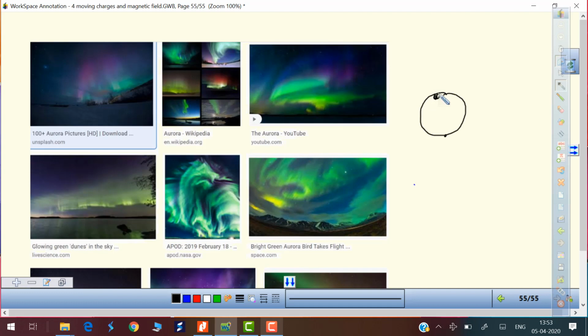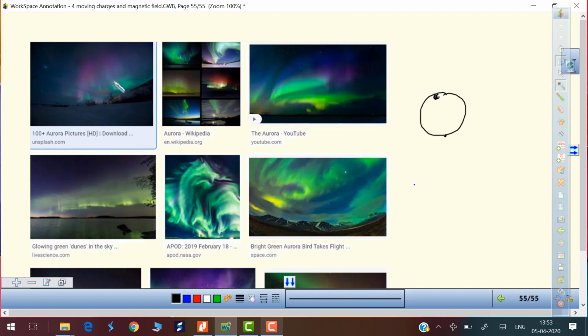A large number of charged particles ionize the oxygen as well as the nitrogen, and because of this ionization we get some color. Oxygen gives green color while nitrogen gives pink color. This phenomenon you can observe at the North Pole, and it is called aurora borealis.